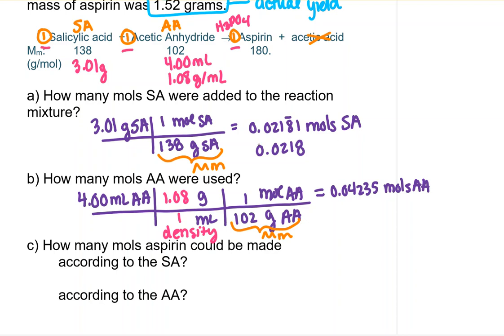So if all the salicylic acid reacted, I could get 0.0218 moles of aspirin. If all of this did react, I could get this number, and I'm going to round it as an answer, but you can carry extra digits in your calculator.